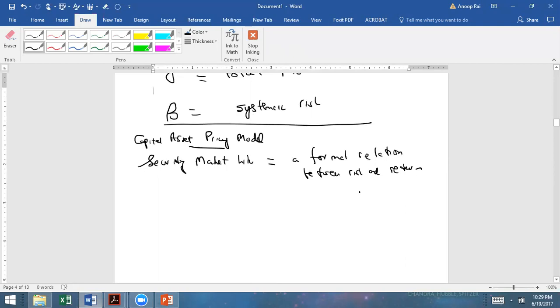Now, having said that, when it comes to studying from the textbook, I would like you to realize that I'm only going to do a very little part of the security market line.